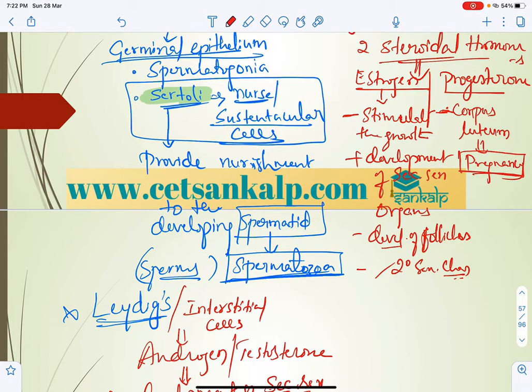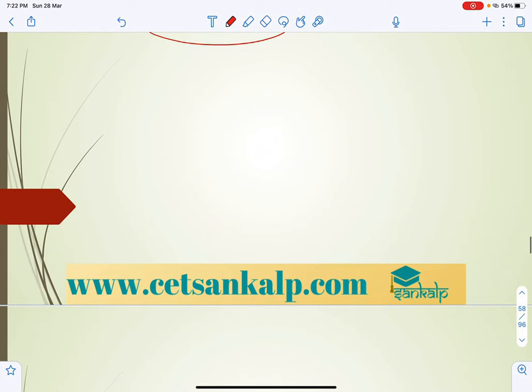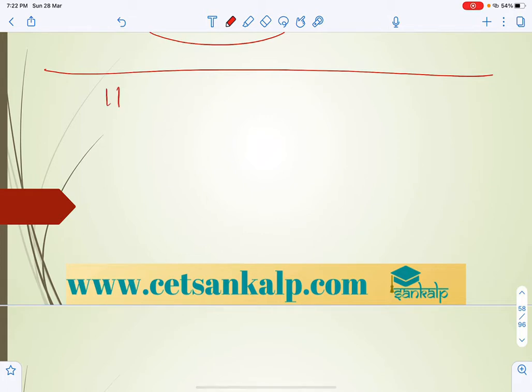Other than this, there are other organs which produce hormones: the heart, kidney, and gastrointestinal tract. The heart produces atrial natriuretic factor, ANF. Generally this decreases blood pressure.